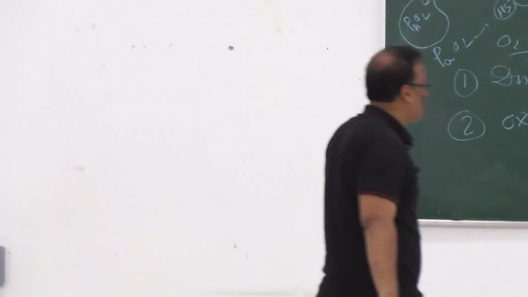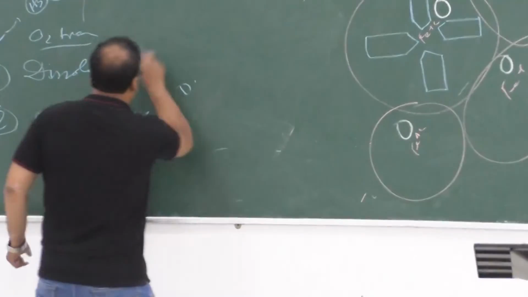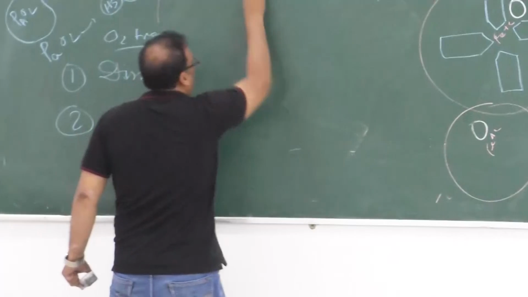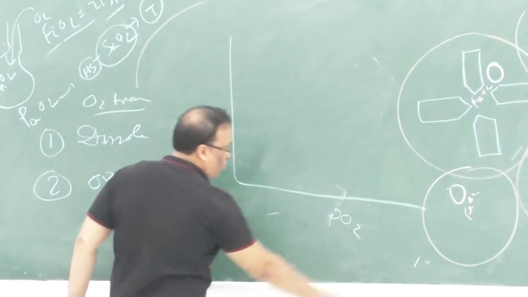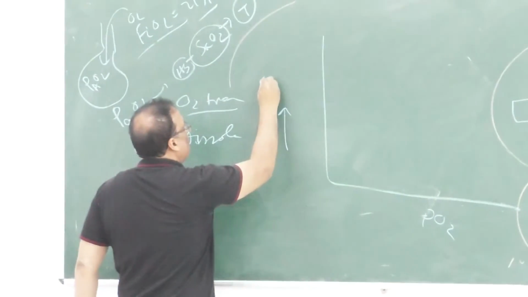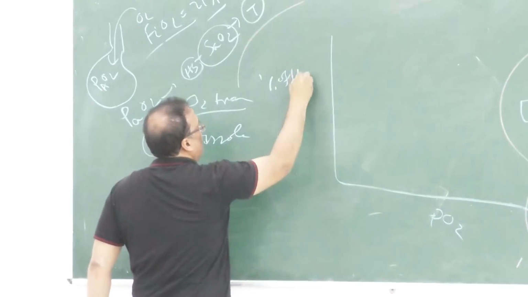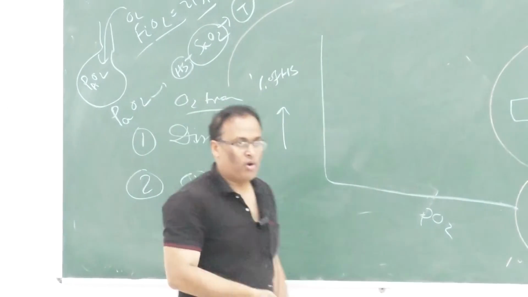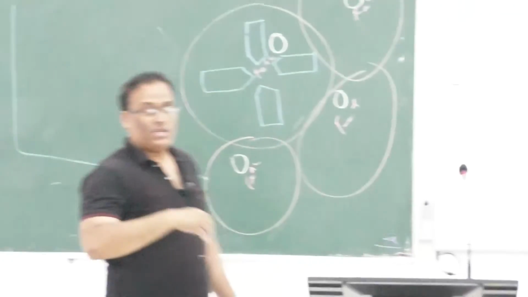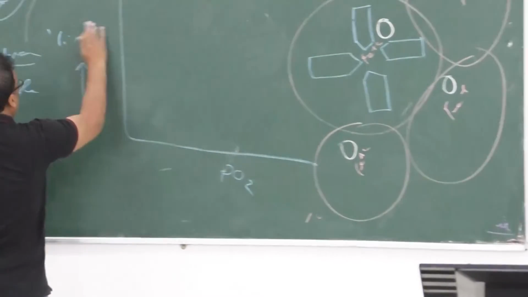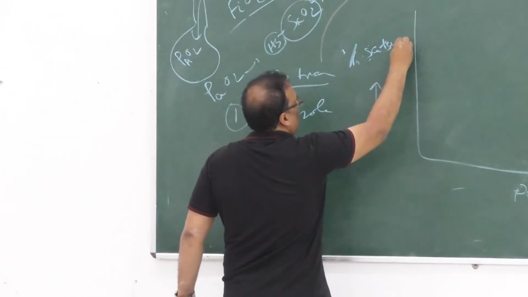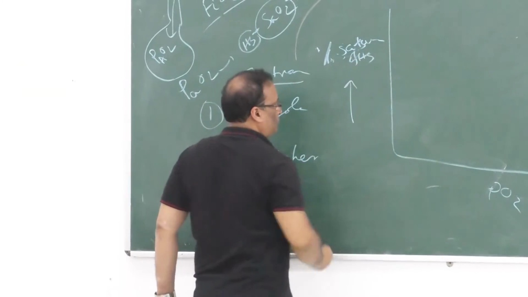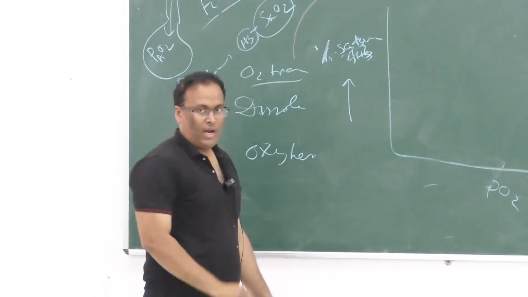I can explain this if time permits today. So this curve means the partial pressure and the saturation, the percent saturation of hemoglobin, right?